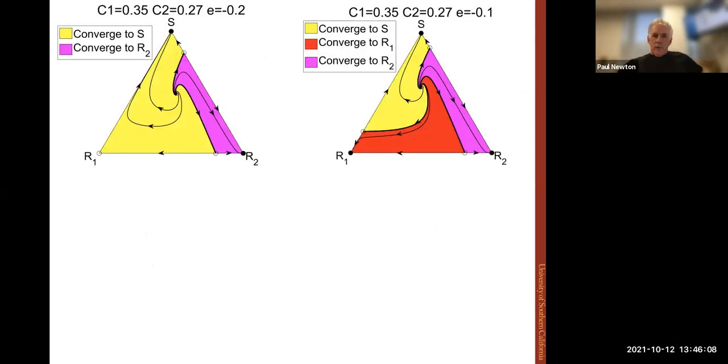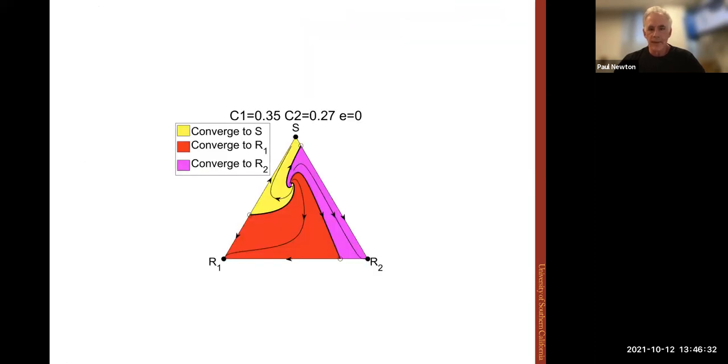All right, so let's look at what happens. So here we've got the structure of the basins of attraction when E is negative, so they're antagonistic drug interactions, for 2 different values of the chemotherapy schedules, C1 and C2 of the drugs. Here I'm showing when the interaction is additive for the same values of those chemotherapy parameters.